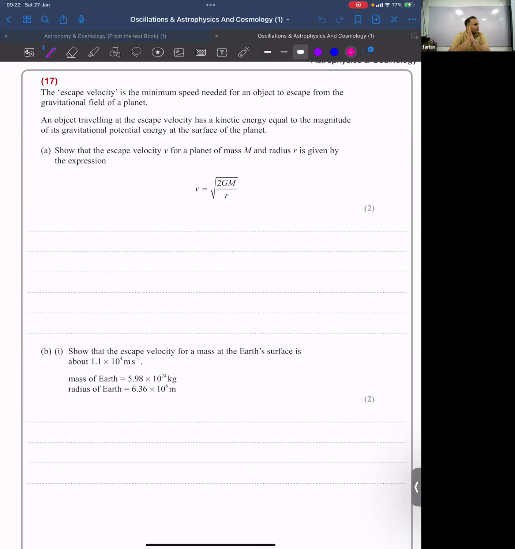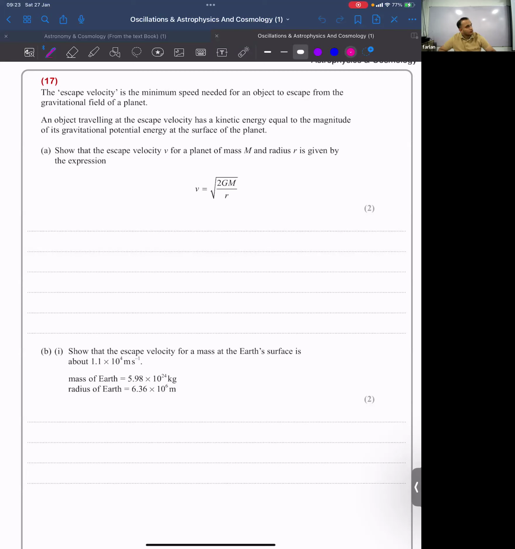Now there is something called an escape velocity. When you throw an object, why does it fall back to the earth? Because of the gravity. But the faster that you can throw, the further it goes, right?